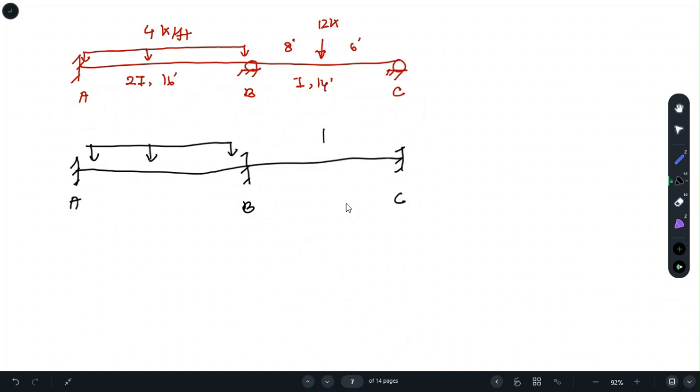and a point load of 12, and this is of 4. So now we'll get the fixed end moments. For this UDL, we'll get a moment of 4 multiplied by the span length, which is 16 squared, over 12, which is 85.33 feet, and its direction will be this way.